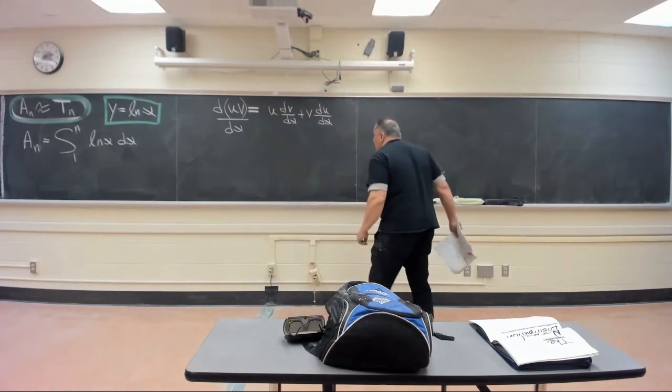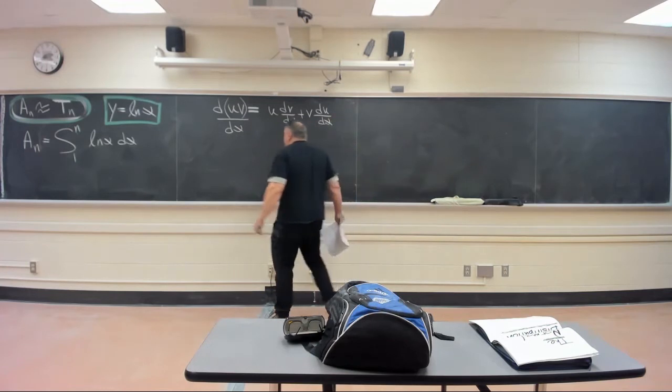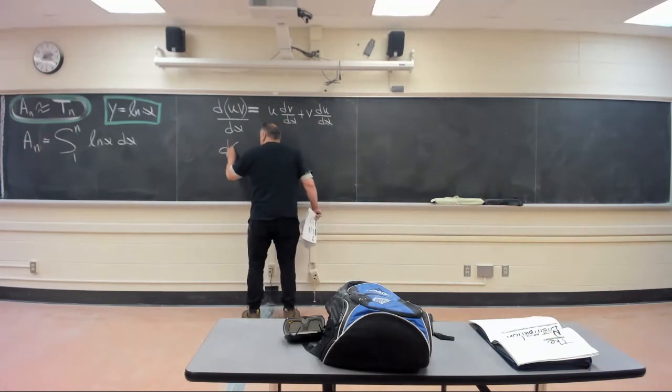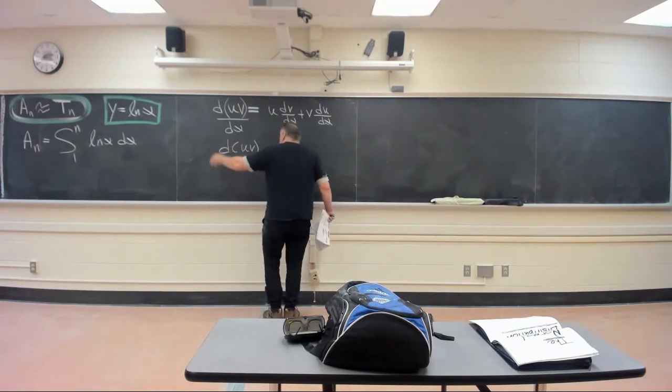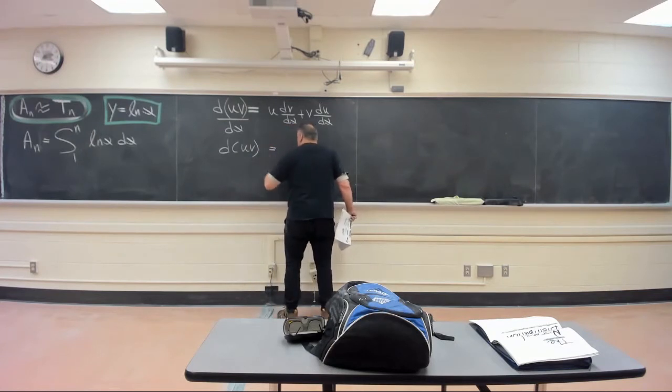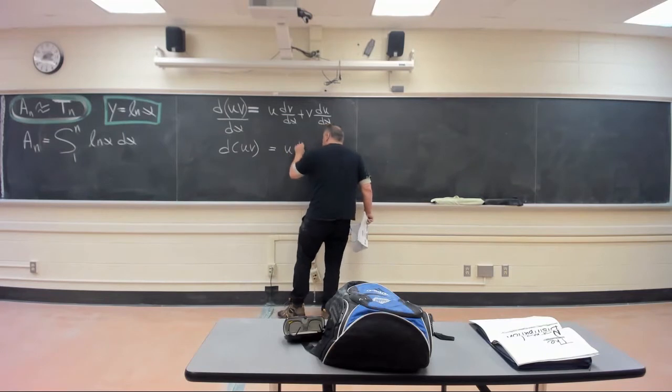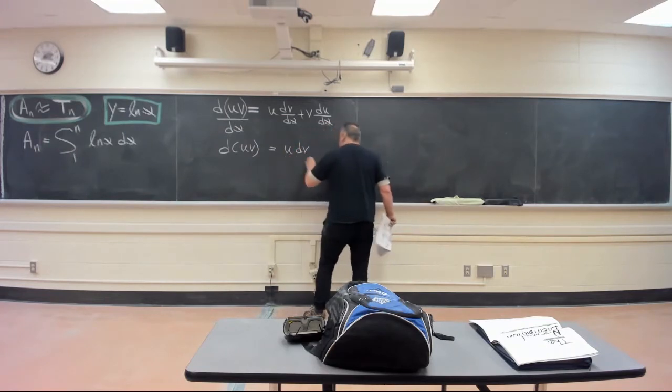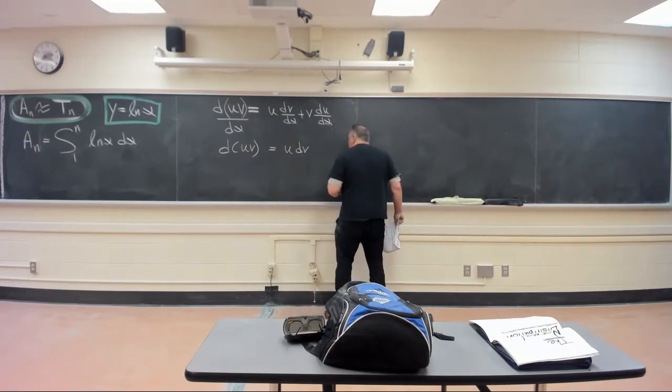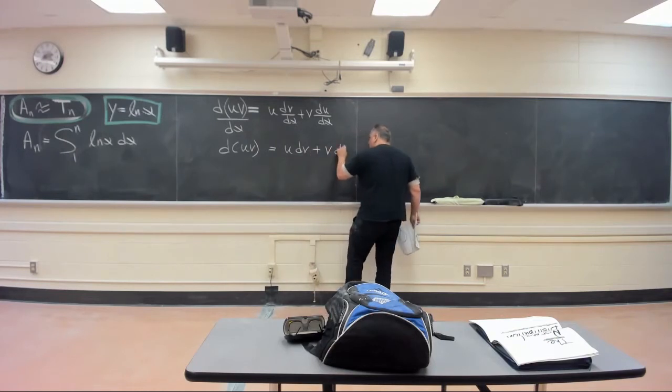Multiplied by the differential dx on each side, the differential change in the product function is equal to u times the differential change in the v function plus v times the differential change in the u function.